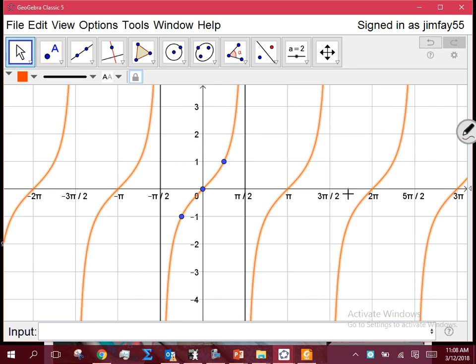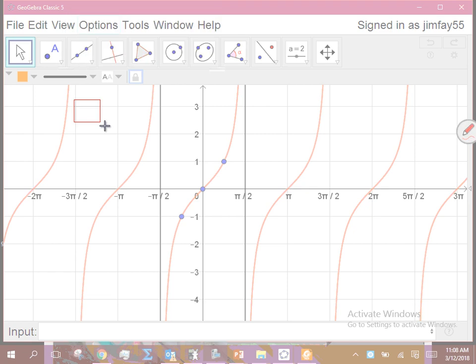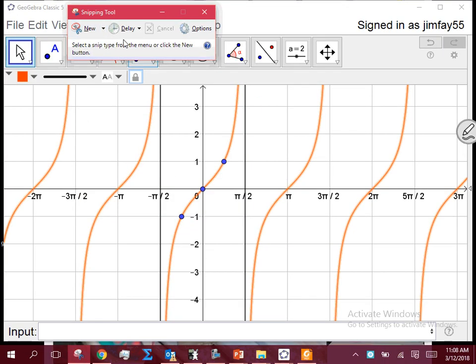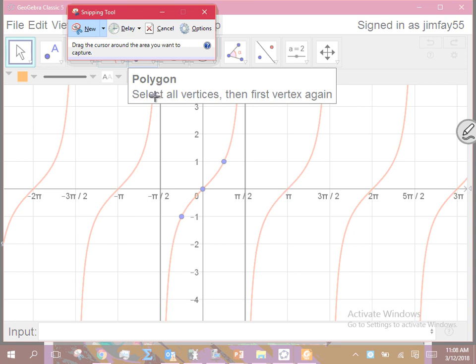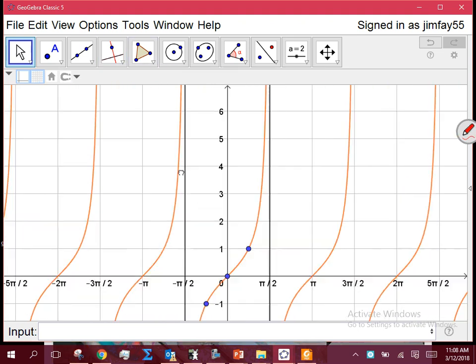I want to take this graph and transform it. So in order to do this, so that it all gets on film here, I'm going to cut and paste this into maybe PowerPoint.